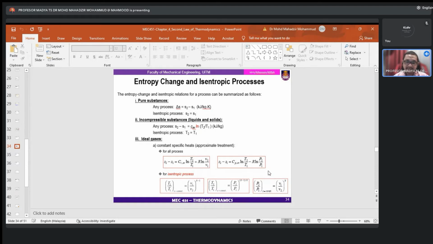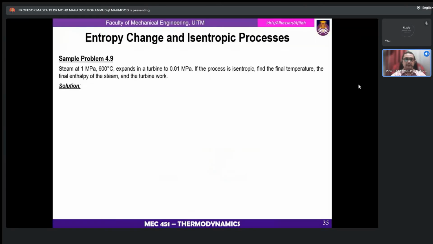That means if the process is isentropic, you can use these formulas.